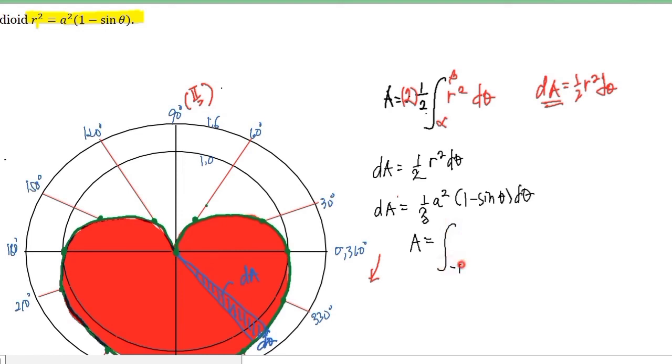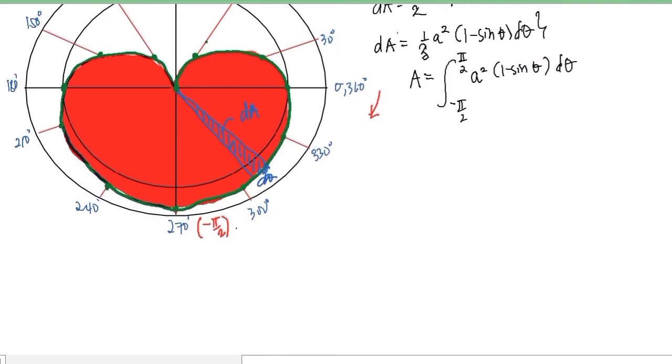Angle natin, negative pi over 2 up to pi over 2. Tapos, r squared. Substitute lang naman natin yung r squared. R squared natin is equal to this. So, that is a squared 1 minus sine of theta. And then, we have here the d theta. Okay? So, integrate natin ito.